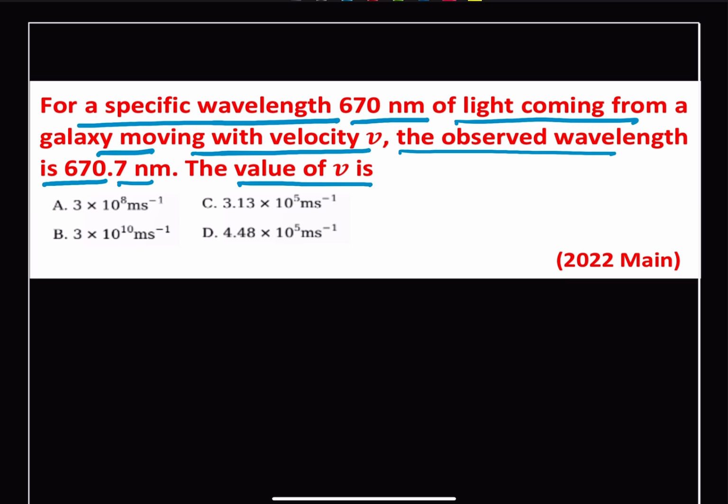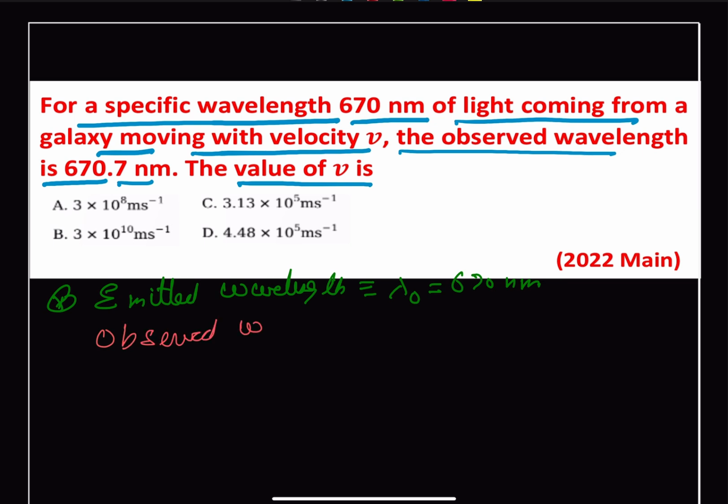And in this case, we have an emitted wavelength, that is lambda naught is equal to 670 nanometer, and then we have the observed wavelength, that is our lambda is equal to 670.7 nanometer. Okay.